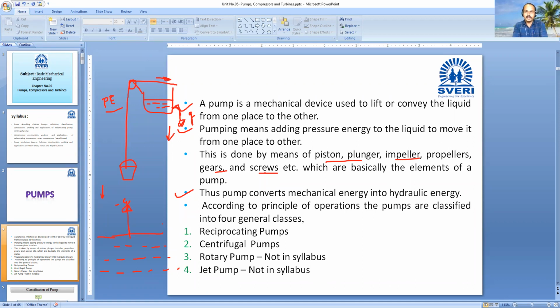If I lift some stone from the land, from some level or datum, as I increase the distance from that datum line, it will automatically increase the potential energy. So potential energy is in that higher level water. Potential energy is mgh.